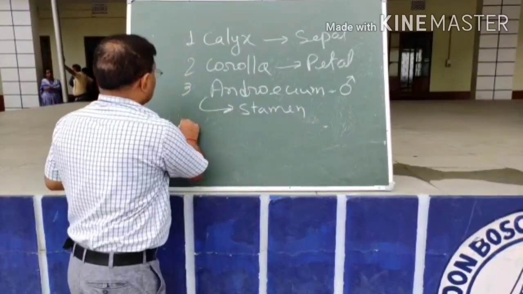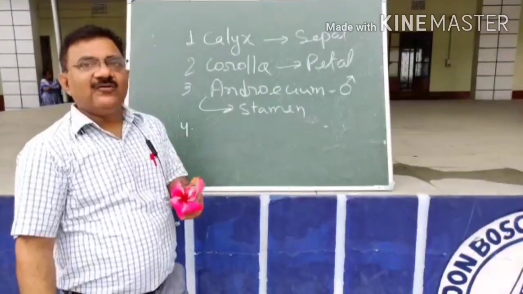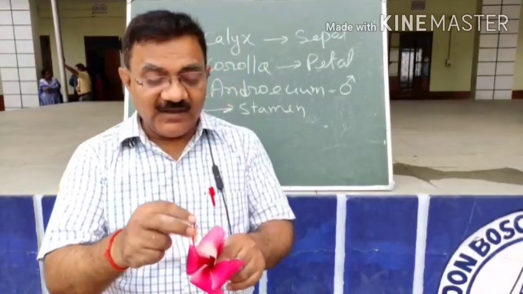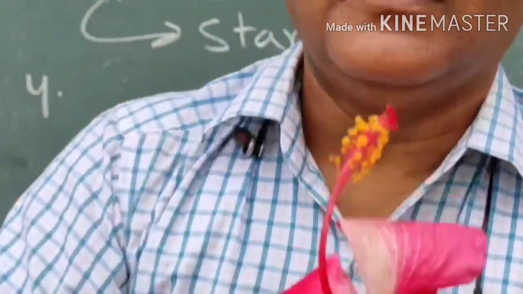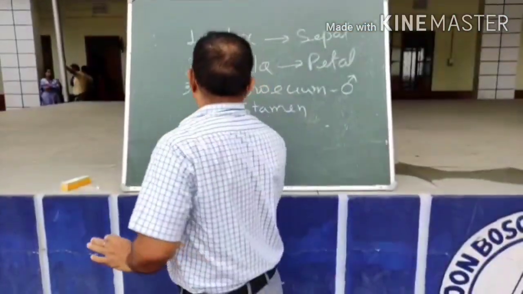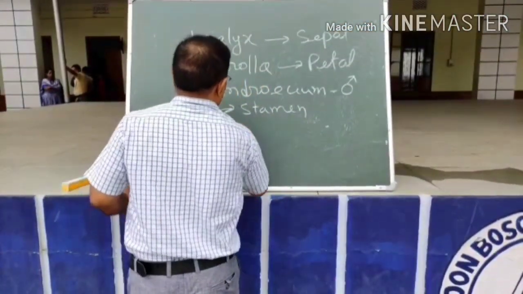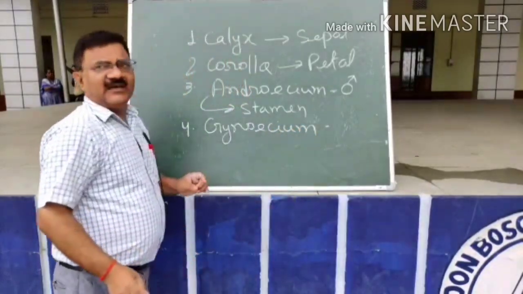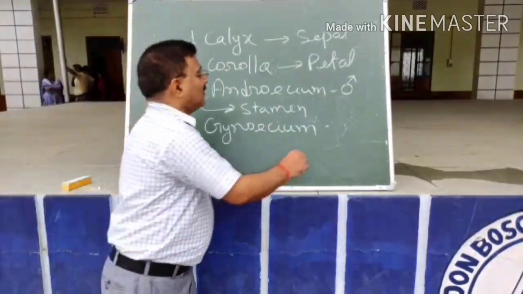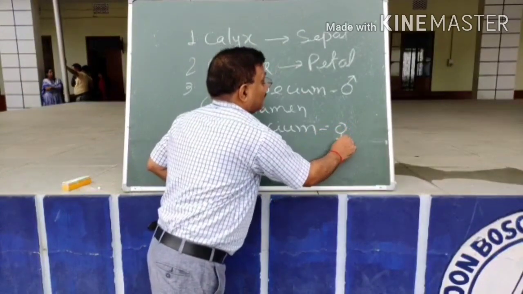And the fourth whorl is the gynoecium. You can see this part is the gynoecium, and gynoecium is the female part. This symbol understood.